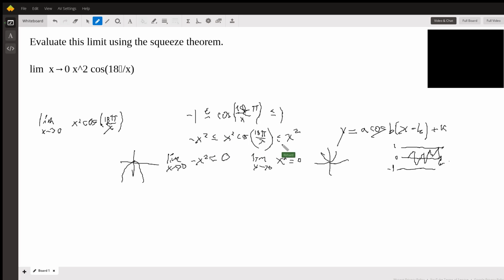And then at either end, hopefully the limit that you're seeking is the same for both sides. And therefore, whatever's in the middle, that limit must also be the same as the limit of these two guys, assuming these two guys agree on either end. And so we've just proved that the limit as x approaches zero of this little monster in the middle is going to be zero.